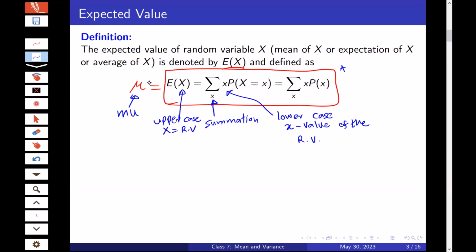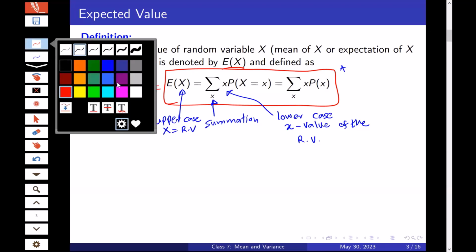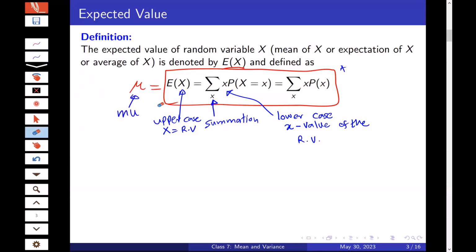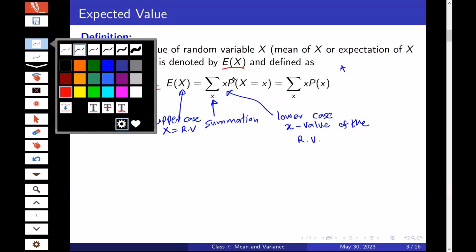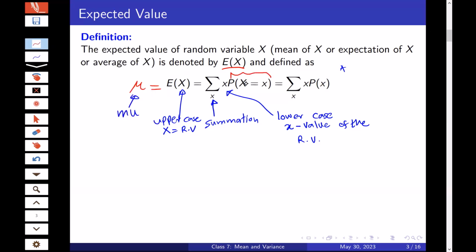The last part is the probability of X equal x, meaning the probability that the random variable X takes the value x. That means we multiply the corresponding outcome of the random variable with its probability and then take the summation after multiplying.